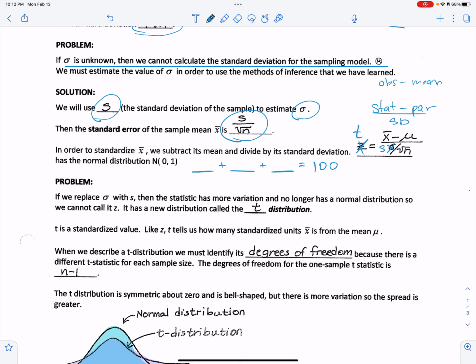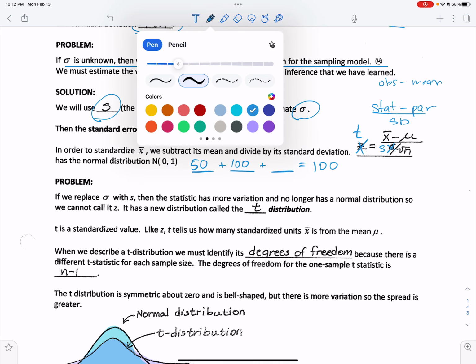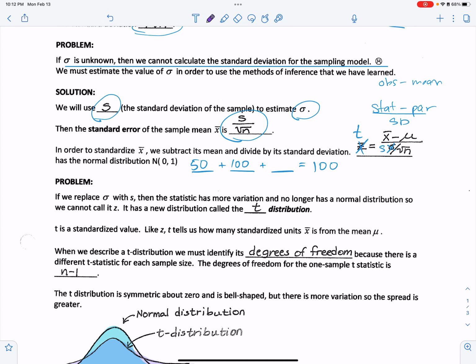So if the first person says 50, and let's say the next person said 100, then the third person would absolutely have to say -50, because 100 plus 50 is 150, and I told you that you can choose any numbers in the world, but the sum has to be 100. So I had 3 numbers chosen, but one of them was forced. And so I only had 2 that had a degree of freedom to choose.